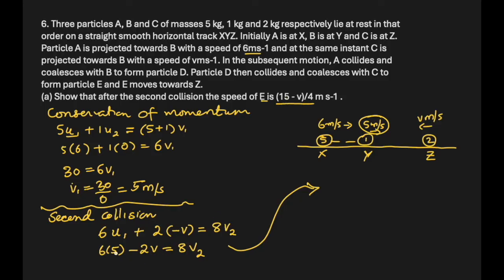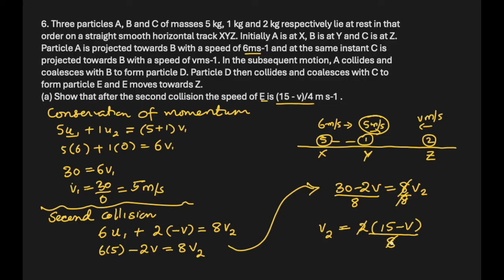So what will I do? 30 minus 2v equals 8v2, and to get rid of this 8, we'll divide both sides by 8. So v2 comes out to be this, but all of them are even, so let's take 2 common. 15 minus v, right? 15 remaining out of 30, 2 is already out, so just v left, divided by 8.